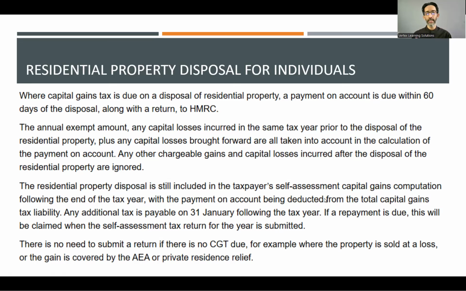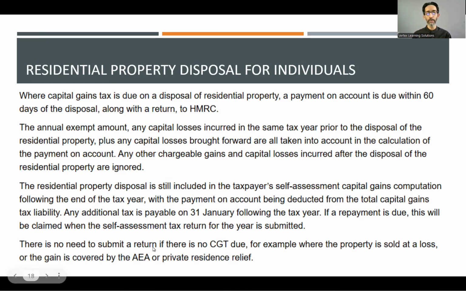Then we deduct the payment on account already made from the total capital gains tax liability. Any additional tax is payable on 31st of January following the tax year. This is the balancing payment we're referring to. If a payment is due, this will be claimed when the self-assessment tax return for the year is submitted, so whatever payment is due, we can claim that we've already made the payment.